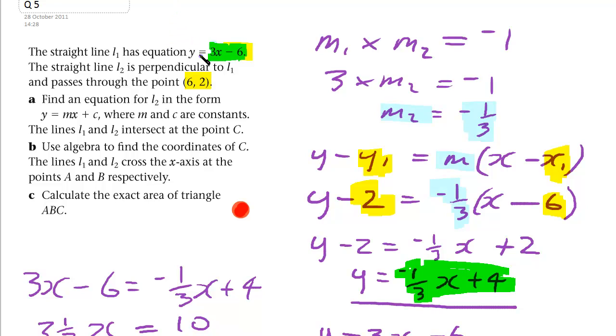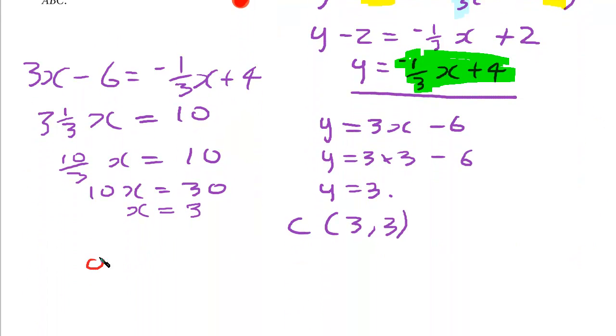In this one, if y is 0, I get 0 equals 3x minus 6. So let's solve that: 6 equals 3x, and I get 2 equal to x. Add 6 to both sides, divide by 3, x equals 2.